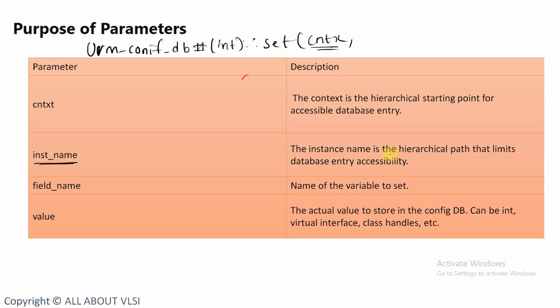The instance name is the hierarchical path that limits the database entry accessibility. Using this, we are going to tell which components can access the data which we are sending. Next, the field name, that is our key, followed by the value, the original value which we want to set.